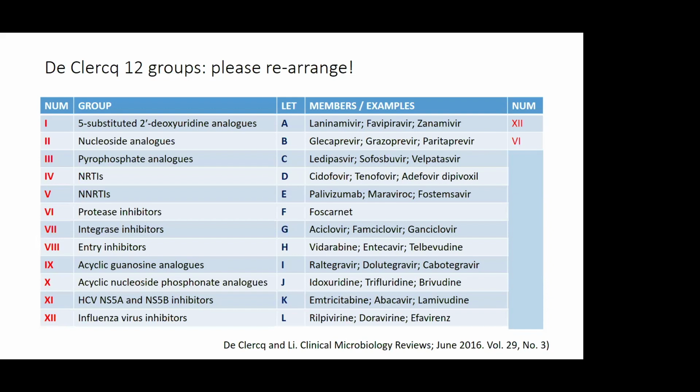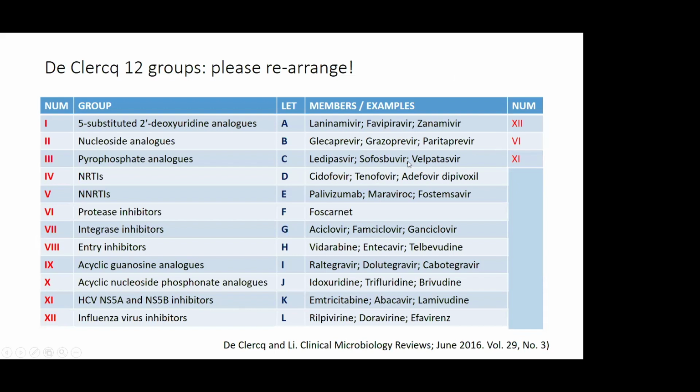Okay, while the daclatasvir, sofosbuvir, and ledipasvir are actually the NS5A and the NS5B, 11. And if you're not very familiar with the hepatitis C medications, anything other than the previrs, which are all protease inhibitors, everything else is an NS5A inhibitor.